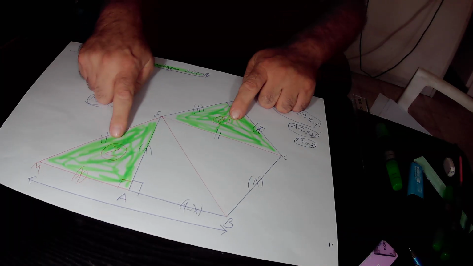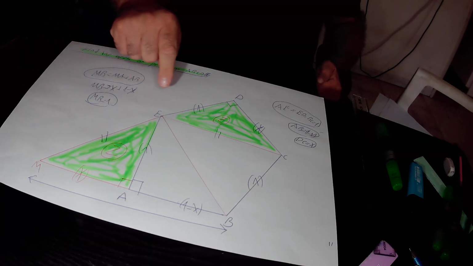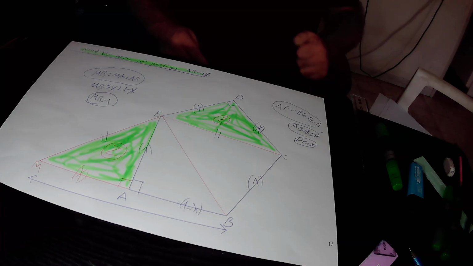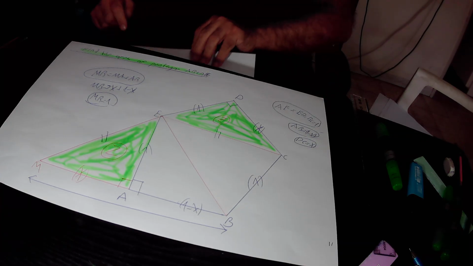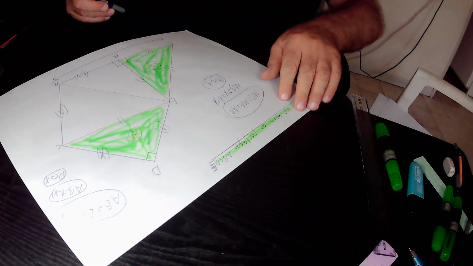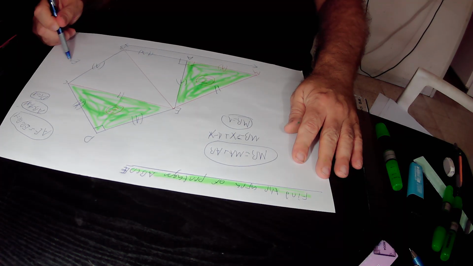Those two triangles can go into each other, therefore the two corresponding sides, that is to say EM and EC, must also be equal in their lengths. EM equals EC according to the rules I mentioned.